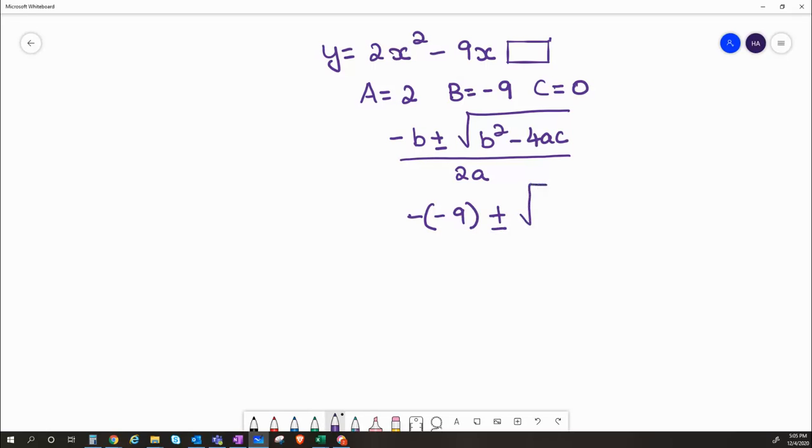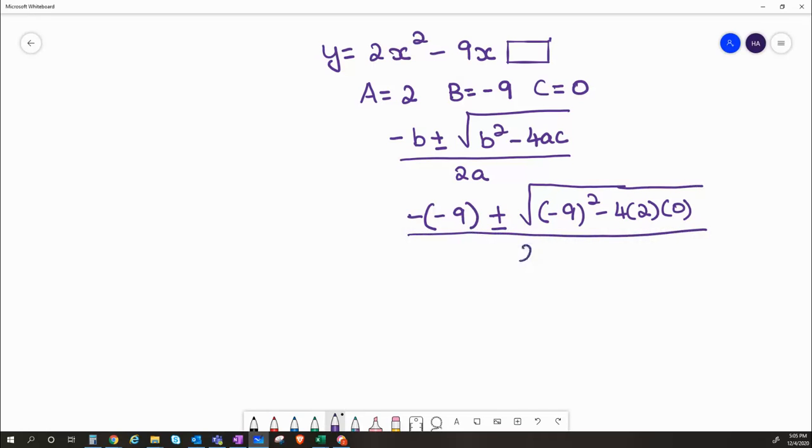So plus or minus, in brackets, negative 9 squared minus 4 times 2 times c, which is 0, over 2a, which is 2.